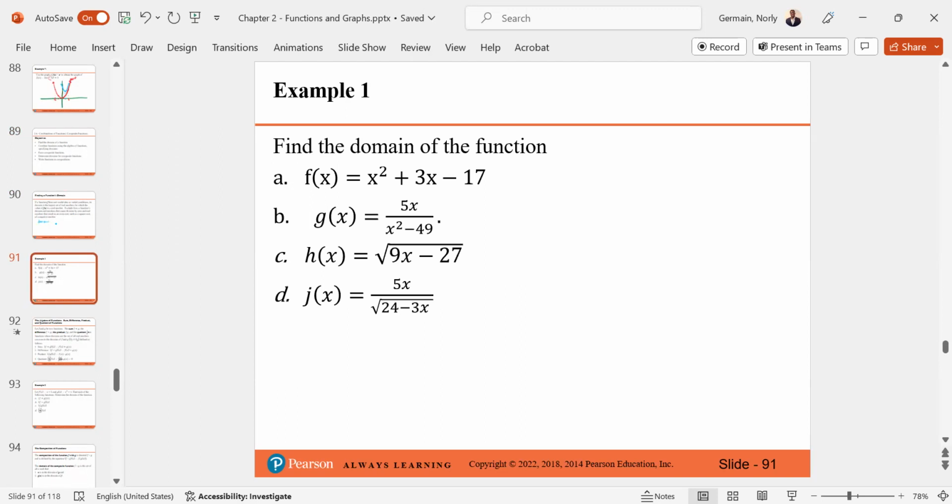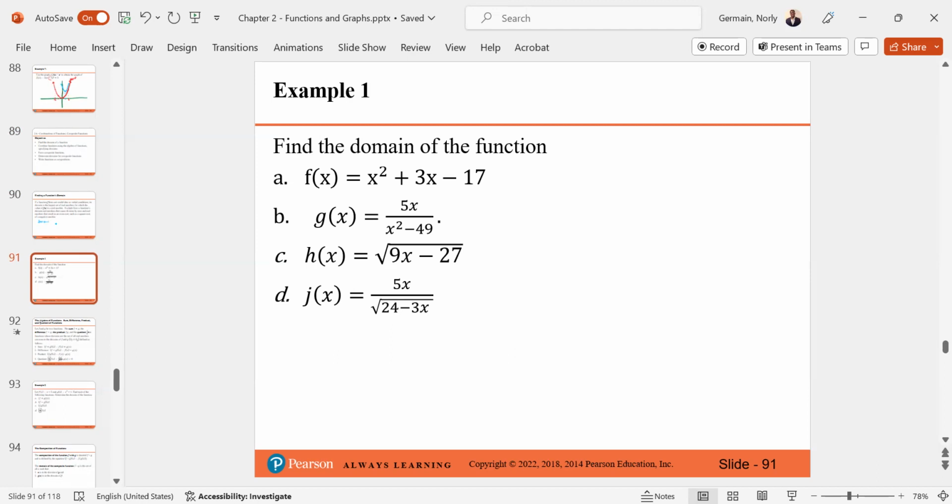So, a few examples where they would ask us to find the domain of the functions. The first one, what would you say? Well, the function f of x equals x squared plus 3x minus 17 contains neither divisions nor a square root.